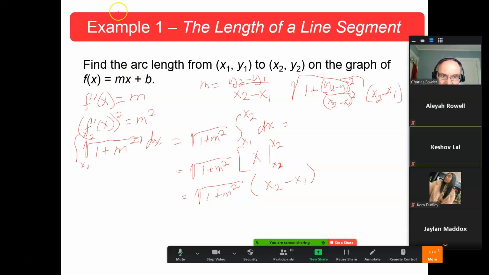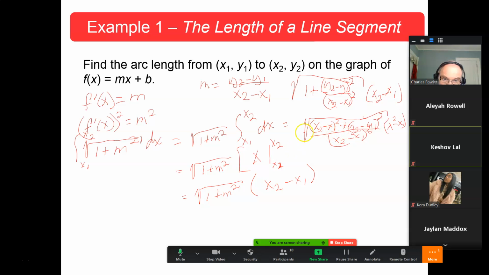Okay, under that radical, we could write that as (x2 minus x1) squared plus (y2 minus y1) squared, over (x2 minus x1) squared, times x2 minus x1.